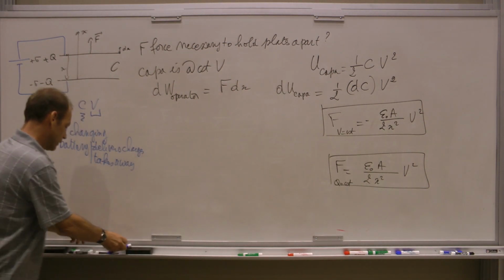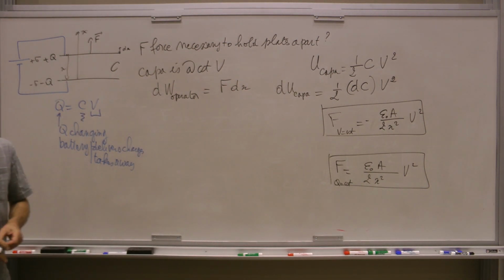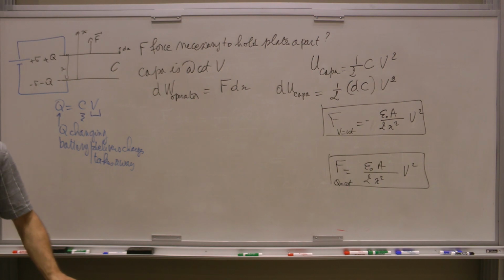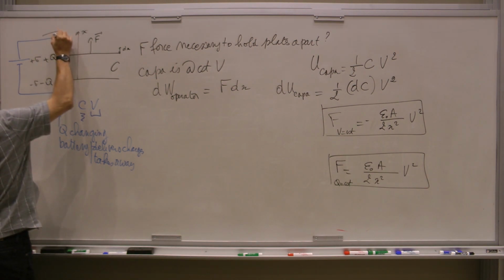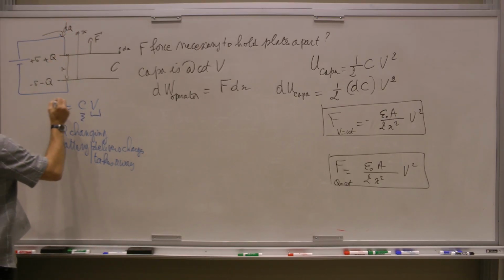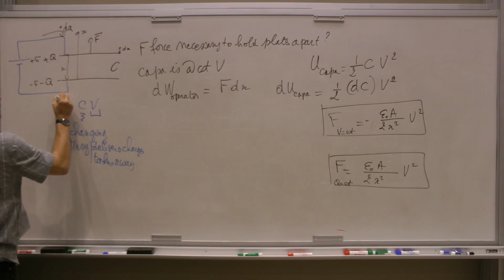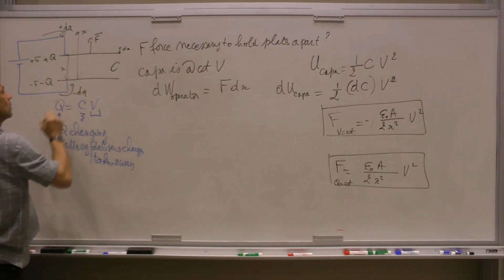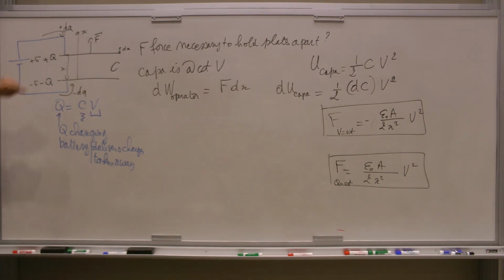And we're going to redo this calculation now by thinking in terms of the amount of work that the battery is doing. So the battery will be transferring some dQ onto the plates. So a positive dQ going here and a negative dQ coming there. Or in a sense, it's taking away some negative dQ from the plate.